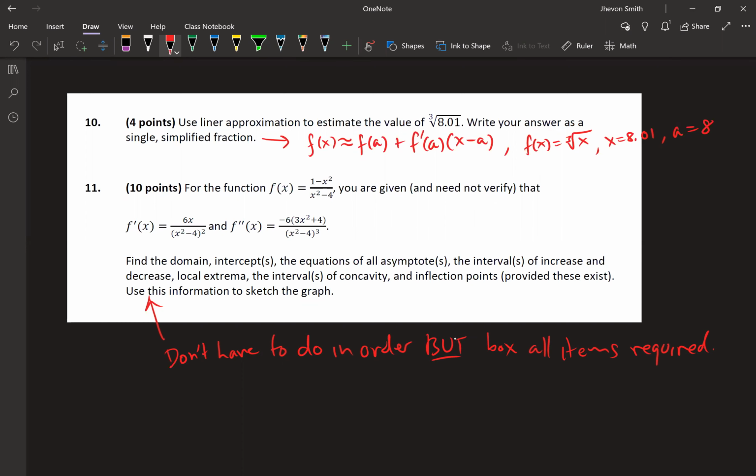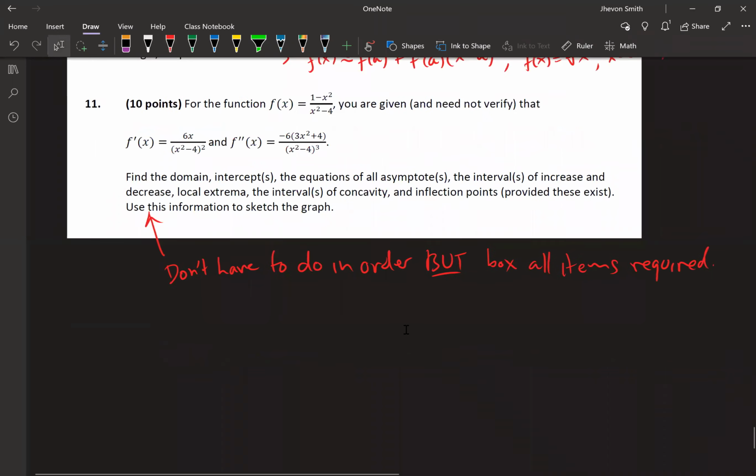For the intervals of increase and decrease, do we need to write a very specific process, more detail, or just write the answer? I'm not sure what you mean, but let's look at the intervals of increase and decrease.